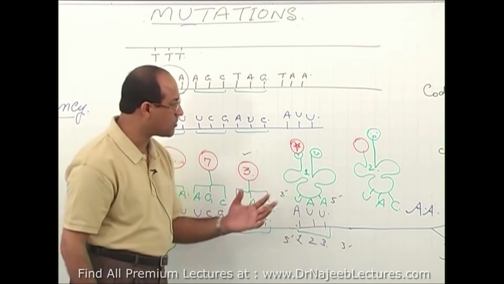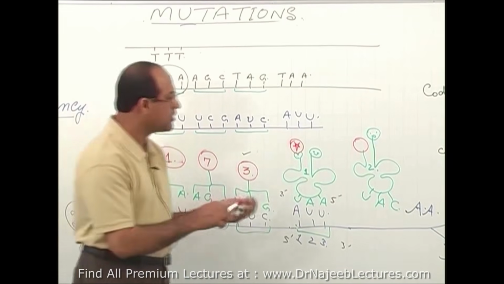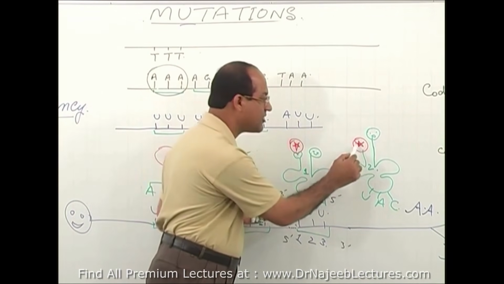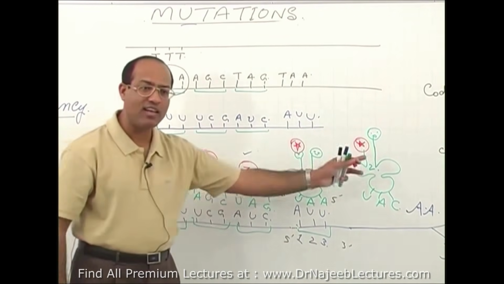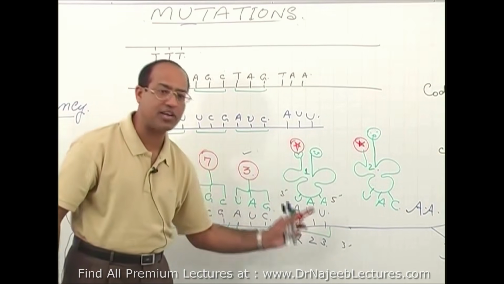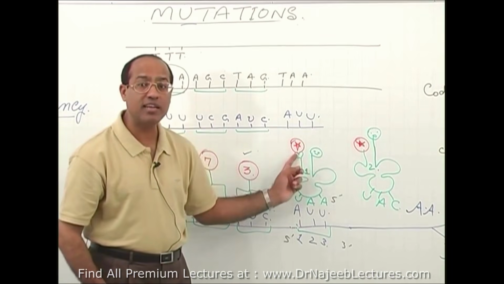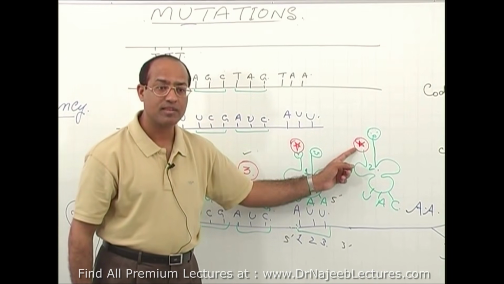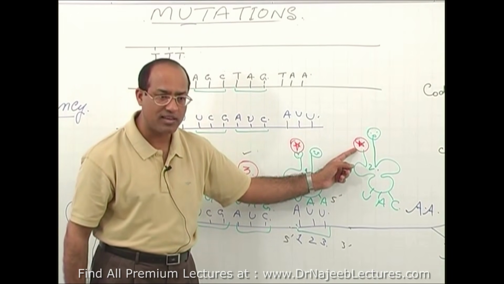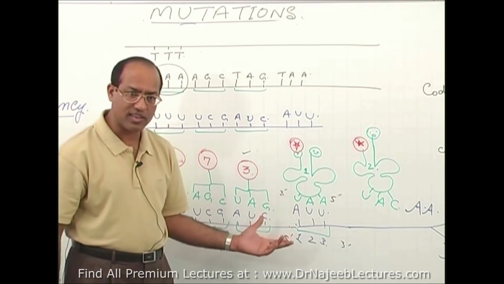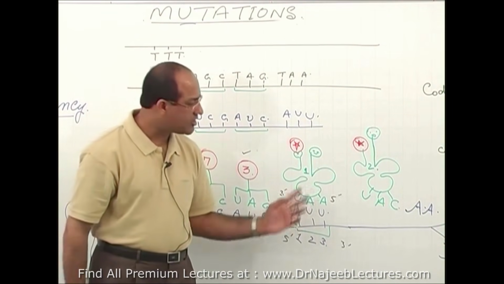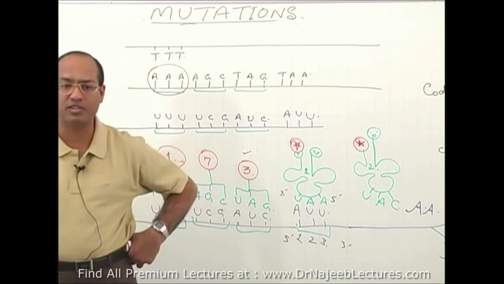The beauty of the system is if one is carrying star, two should also be carrying star, so that still the amino acid is the same which is specified over there. It means star amino acid is coded in more than one way. Is that clear? Right? This concept is called wobble hypothesis.